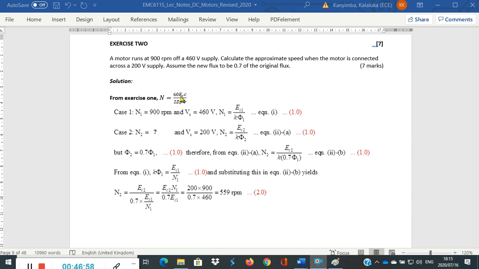But the counter EMF is equal to the supply voltage minus IaRa. Now, IaRa gives us a linear change. But what is important is to notice that the speed is actually directly proportional to the supply voltage. This is what we can see from our result.